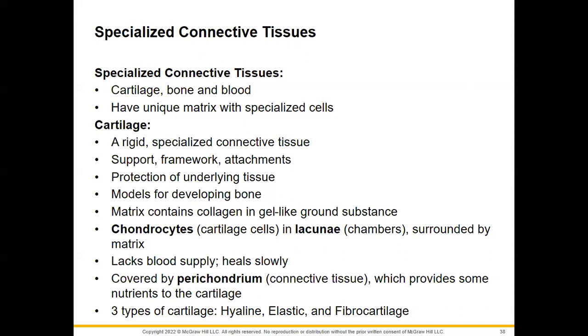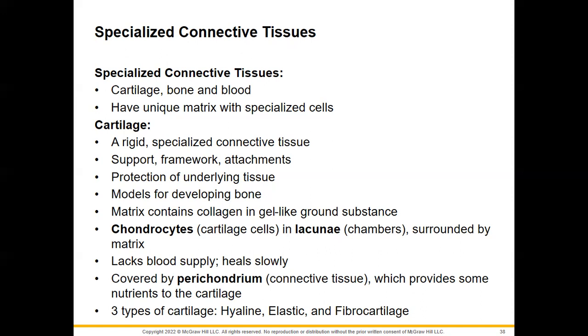And as you remember, specialized connective tissues include structures like cartilage, bone, and blood, and they have a unique matrix associated with each of these tissues and some cells that are going to be very specialized within these tissues. Cartilage is the first type of specialized connective tissue.